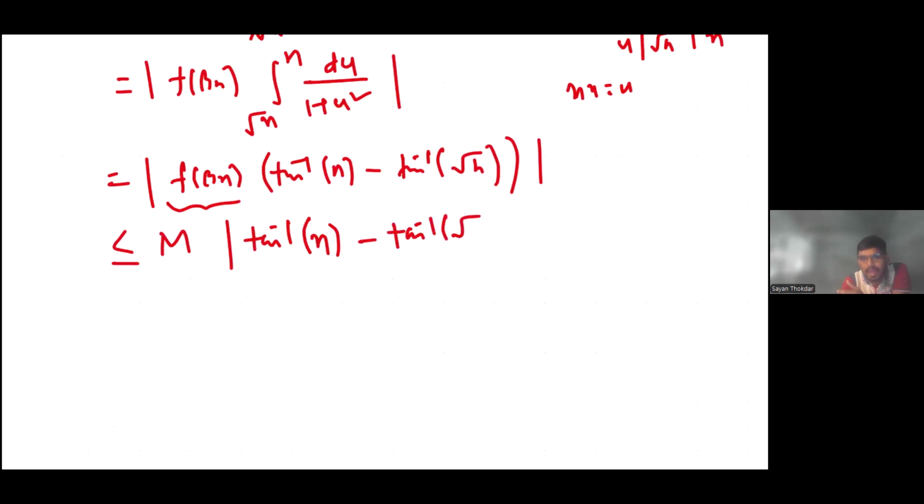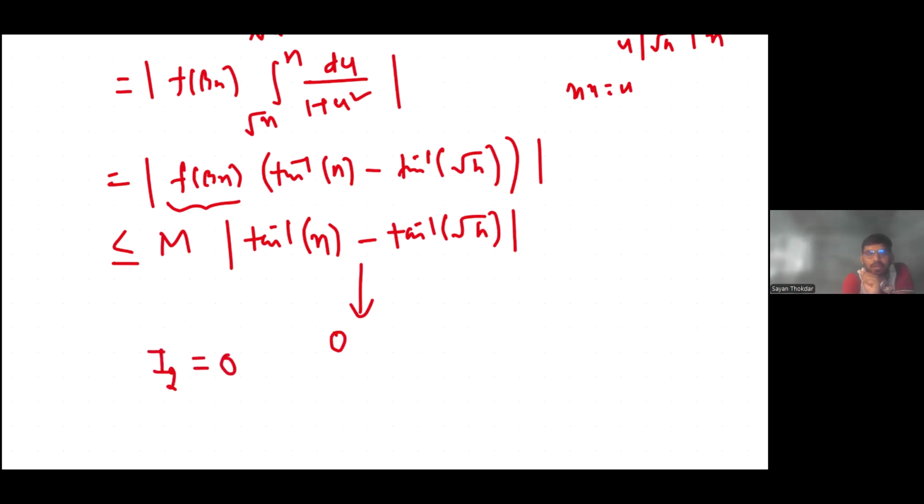As n tends to infinity, this goes to 0, because both tan inverse terms tend to pi by 2, and pi by 2 minus pi by 2 is 0. So I2 becomes 0.